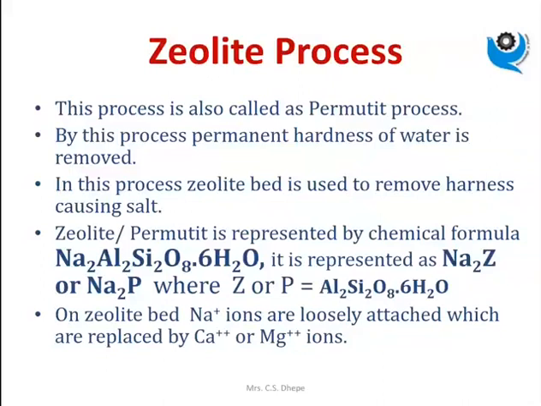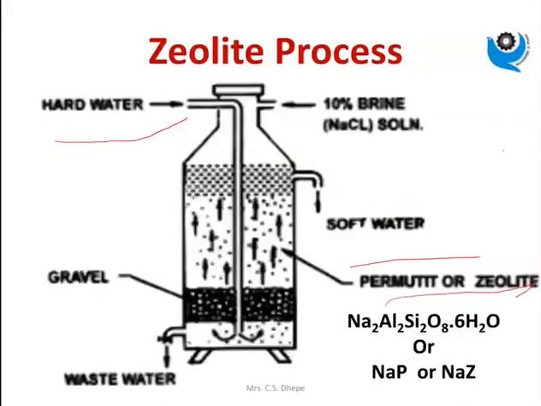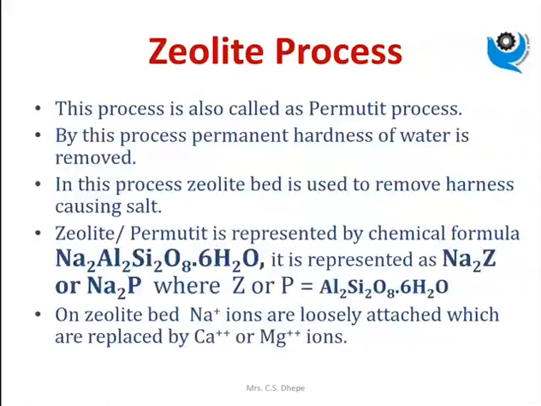As you look at the formula, Z or P is equal to the remaining part of the zeolite or permutit, that is Al2Si2O8·6H2O. On the zeolite bed, sodium ions are loosely attached, which are replaced by calcium or magnesium ions.